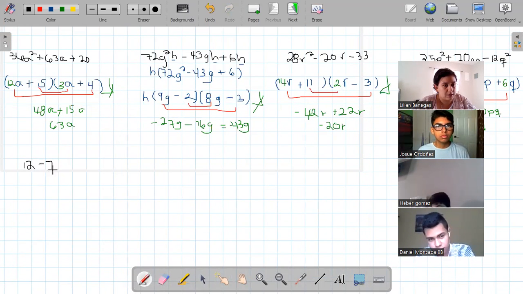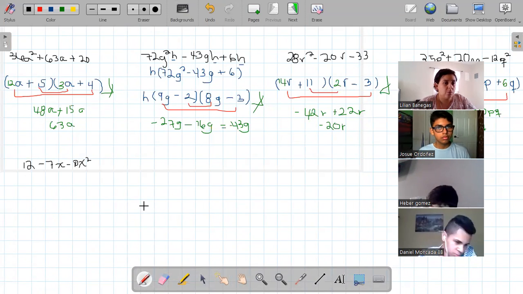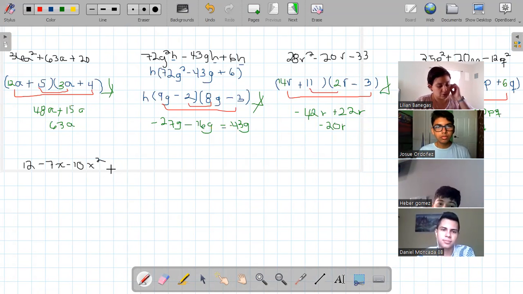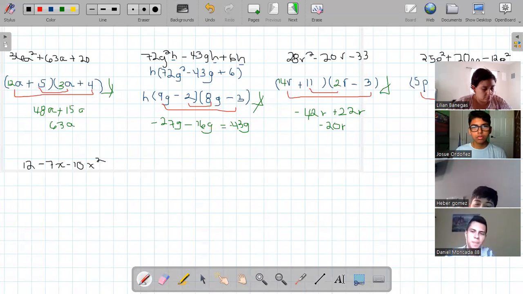12 minus 7x minus 10x squared. What is particular in this exercise? What is different in this exercise? The signs. Okay, what about the signs?